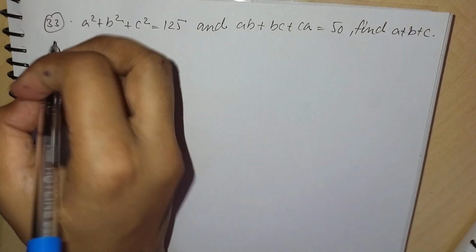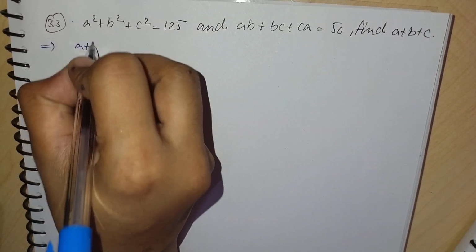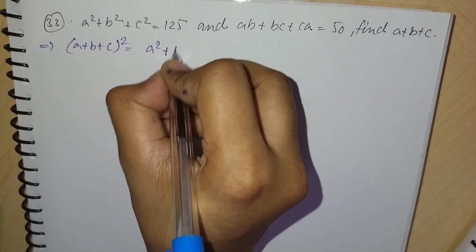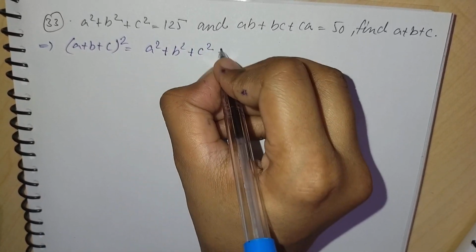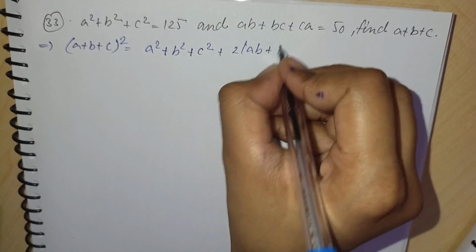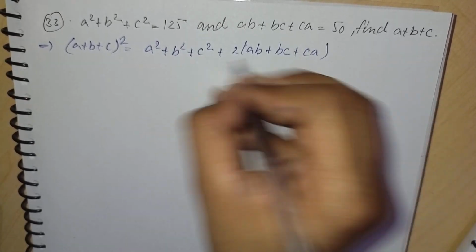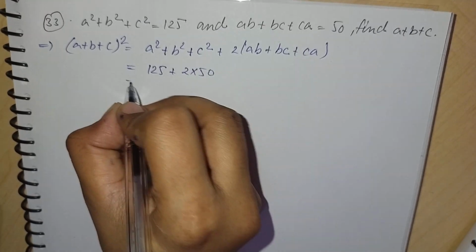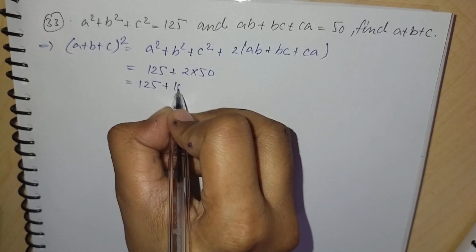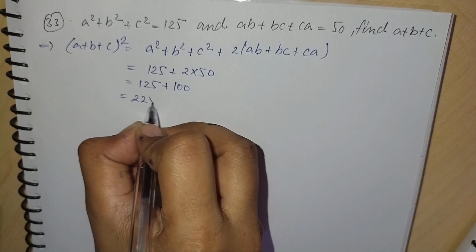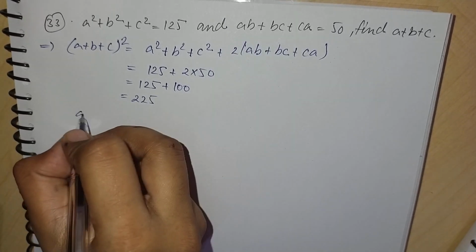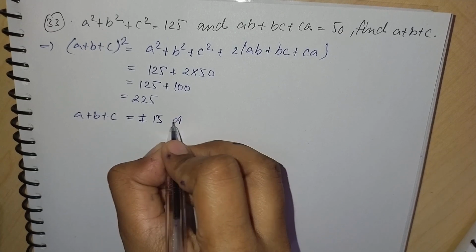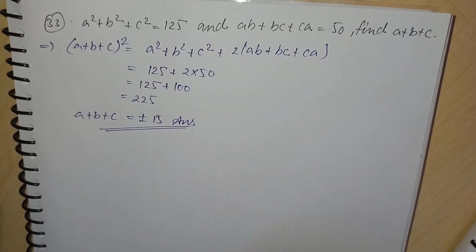We will use (a plus b plus c) whole square equal to a square plus b square plus c square plus 2 times (ab plus bc plus ca). Putting the values, 125 plus 2 into 50 equal to 125 plus 100, that is 225. On taking the square root, we will get a plus b plus c equal to plus minus 15 as the answer in this question.